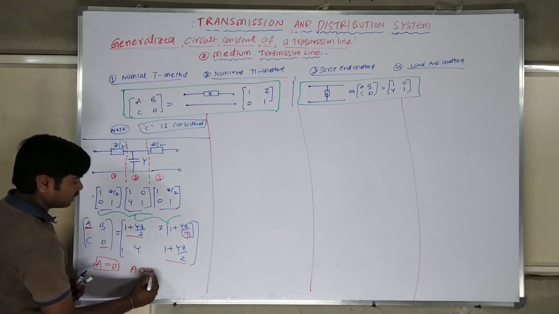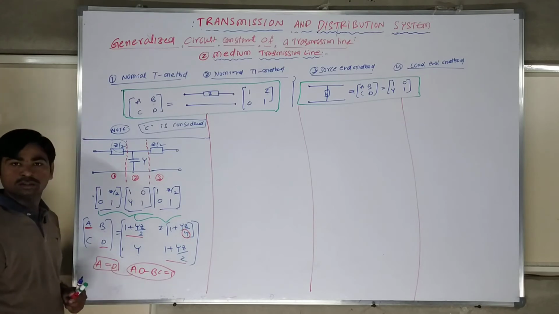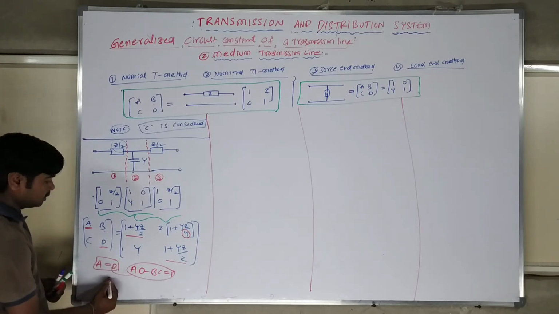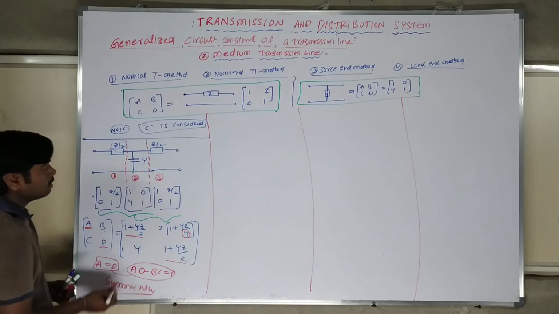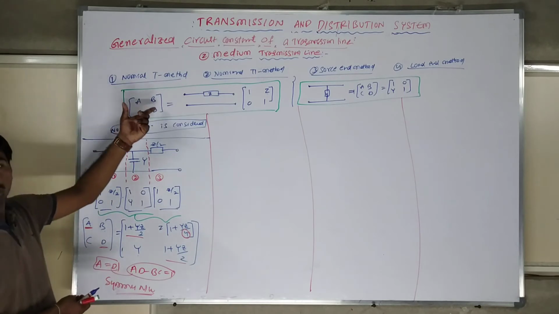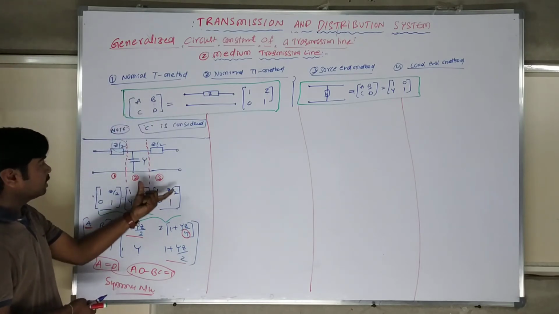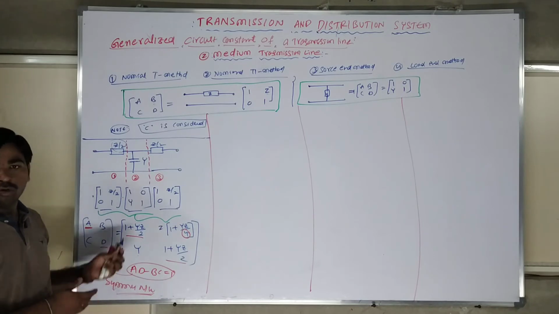If you do AD minus BC, you get 1, so these two conditions are satisfied. This is a symmetrical network. I hope you understand the nominal T method: make it three parts, then apply those two principles and you get the answer.